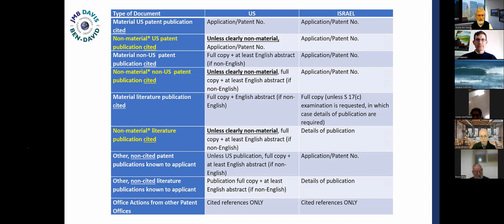In Israel, all you need to do is provide the application or patent number so that the examiner can go and fetch it himself. When we talk about non-patent literature citations, that's the only time in Israel where we definitely need to file something, whereas in the States, there's a question. And again, Mike will circle back around to that subject a little bit later.